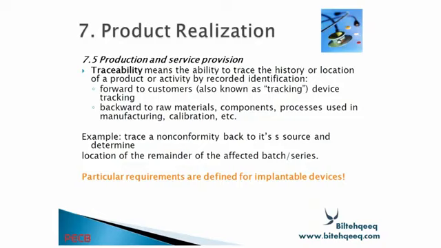Requirements are defined for implantable devices. So you have to develop a mechanism for traceability. By using this mechanism, you must be able to trace the history of any device you have shipped to the customer or purchased from any supplier.